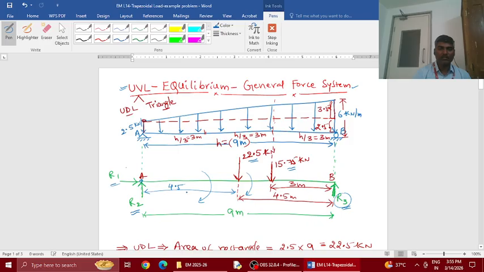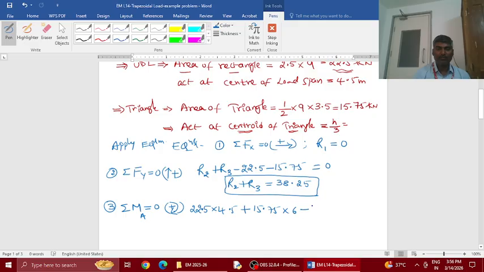This is causing anti-clockwise rotation like this. Force multiplied by the distance 9 meters from A. So R3 into 9 negative is equal to 0. From this we get the R3 value, which is equal to 21.75 kilonewton.